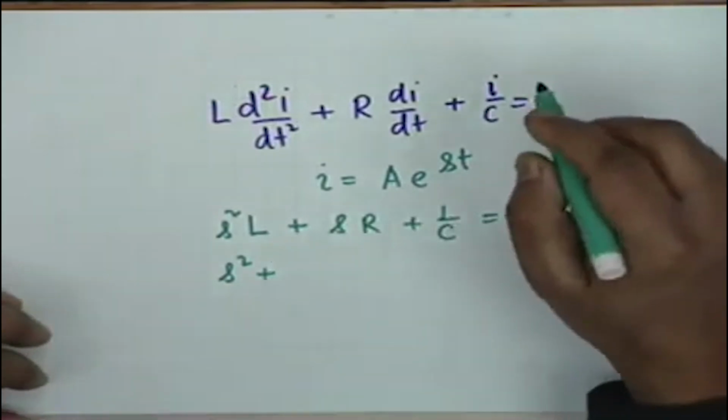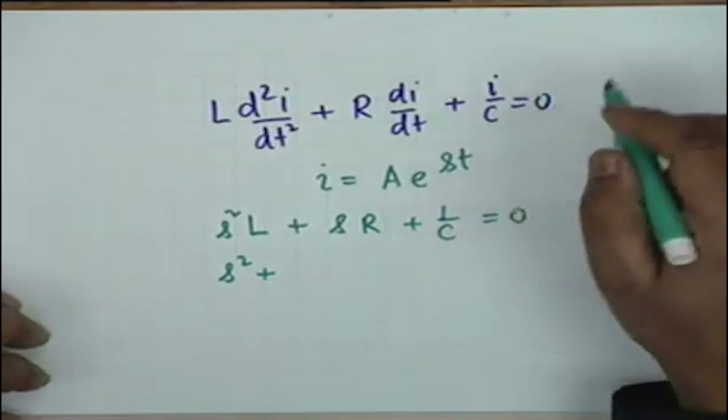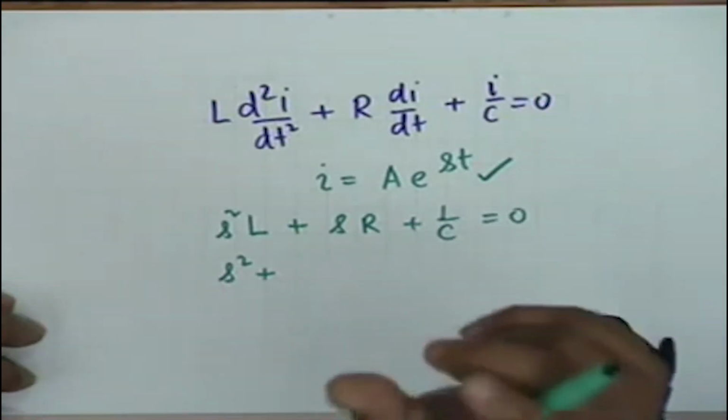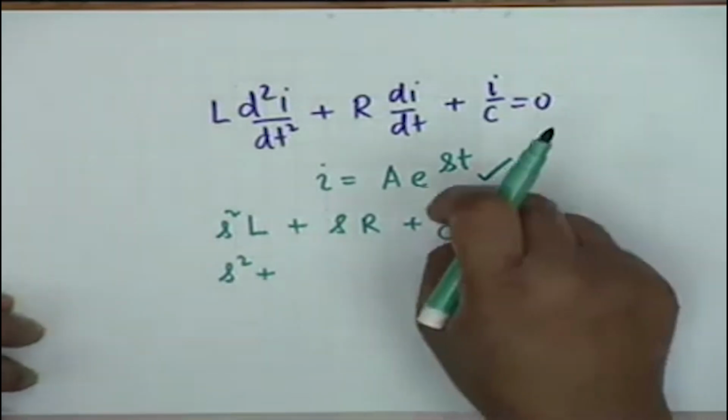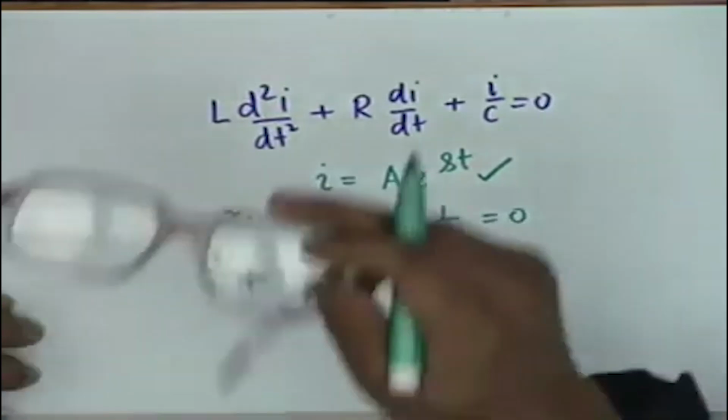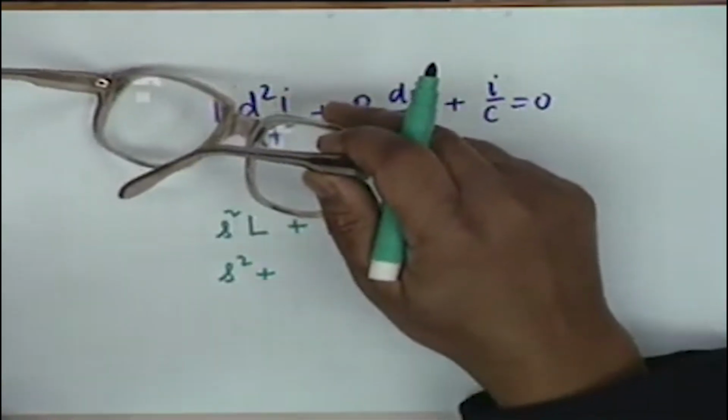This is not a first order circuit, so this cannot be the complete solution. We are trying the form of the solution. We say, does this qualify as a form of the solution? Let me clarify this. In the first order circuit, we are trying a complete solution.